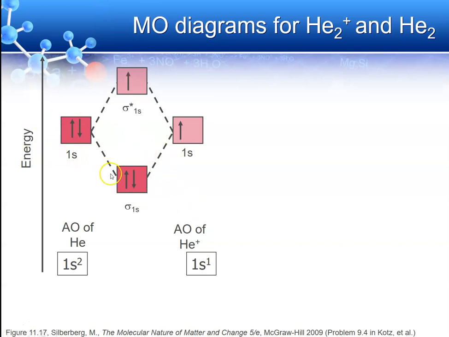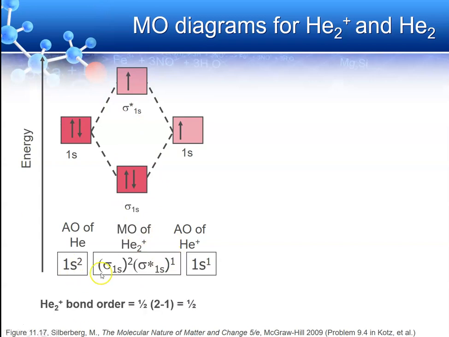So I pair these up first. I can only have 2 electrons in an orbital, and once it's full, I go up to the higher energy. So I can write the electron configuration of He2 plus. It's sigma 1s superscript 2, because I have 2 electrons in the sigma 1s, and I have the sigma star 1s, and I have 1 electron in that orbital.